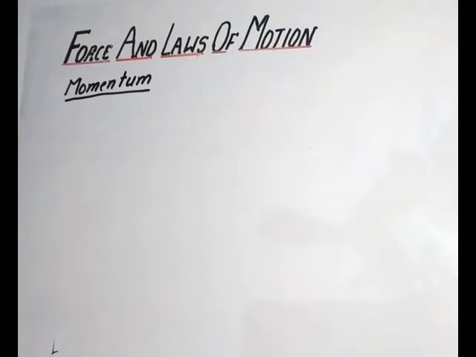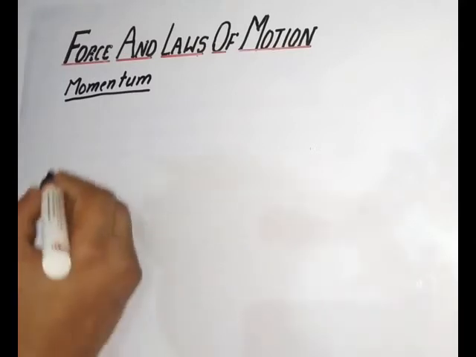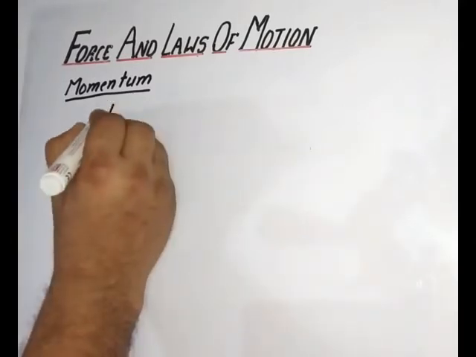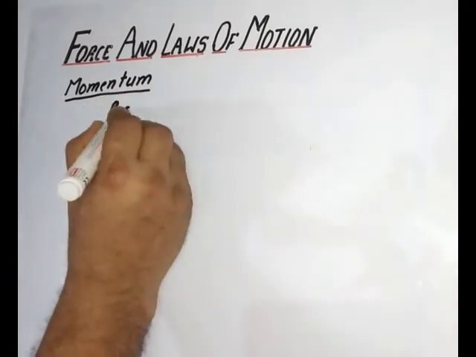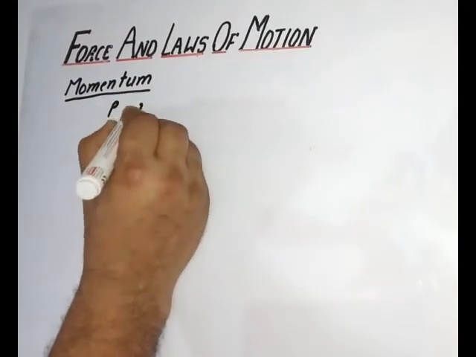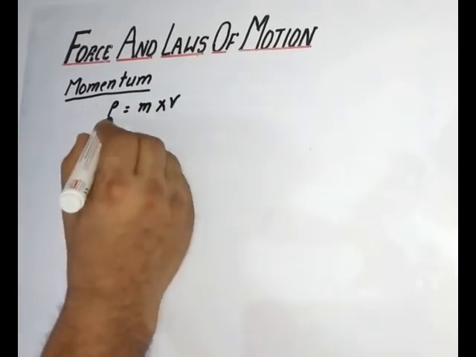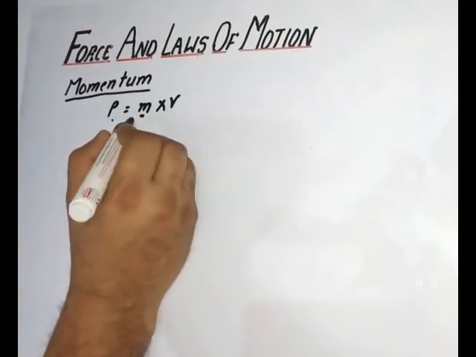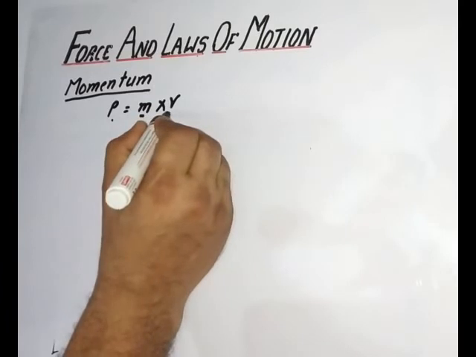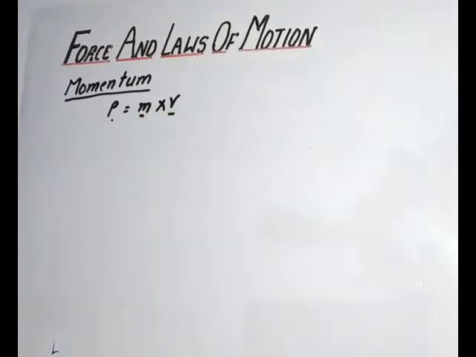What is momentum? What is the formula of momentum? The formula of momentum is P equals M into V. Momentum equals the mass of the body and the velocity of that given body.